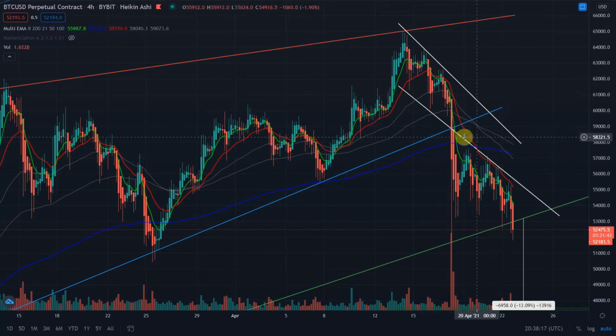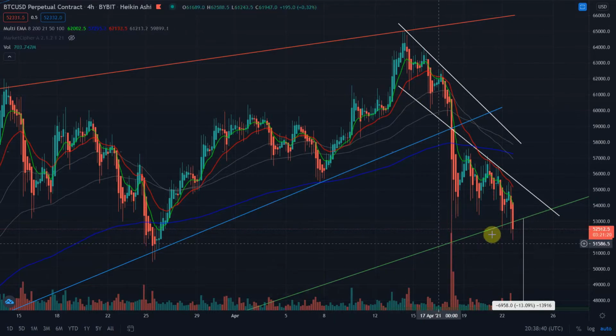This is what happened on Sunday: we broke below this, came all the way down to the green line, and bounced back immediately. Then we started using this white line as resistance again, and we have been trending in this triangle. So consider this white line as resistance and this green line as support, forming a triangle here.